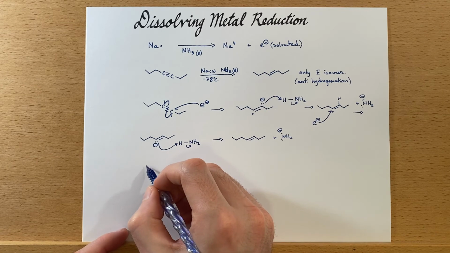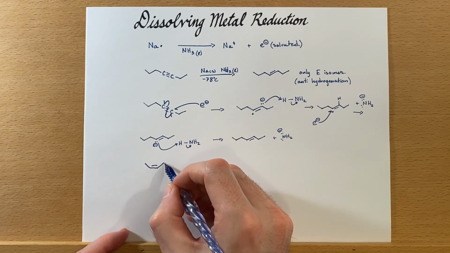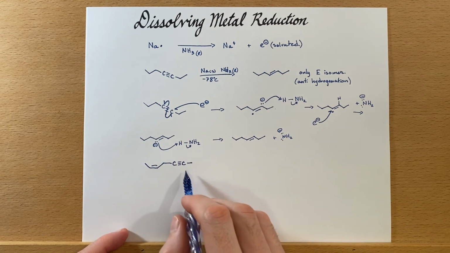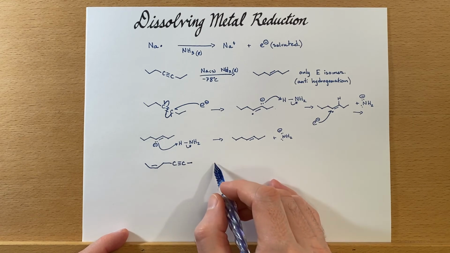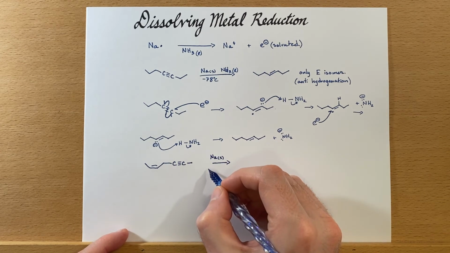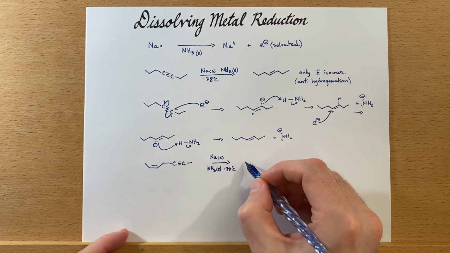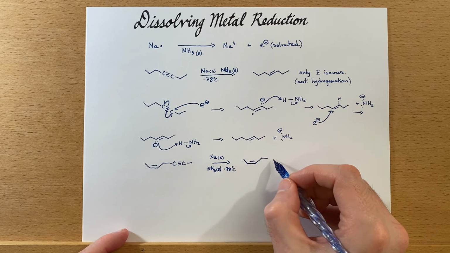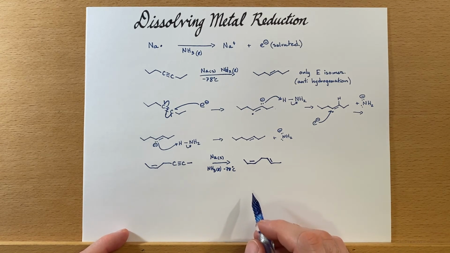And so just as an example, if we had some reagent here, like so, we have a cis bond right here, and we're going to be able to make a trans bond there. So we would end up with this product here.